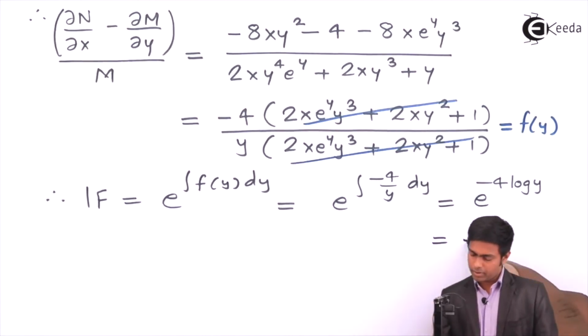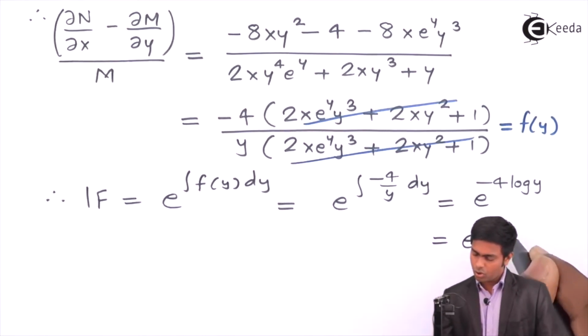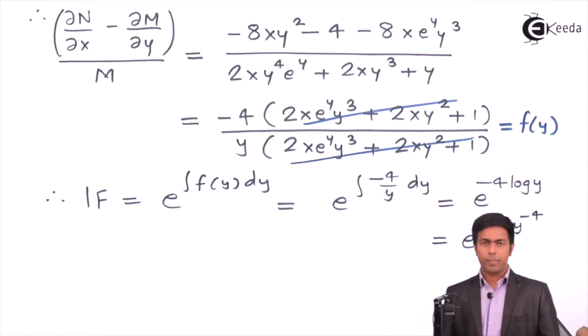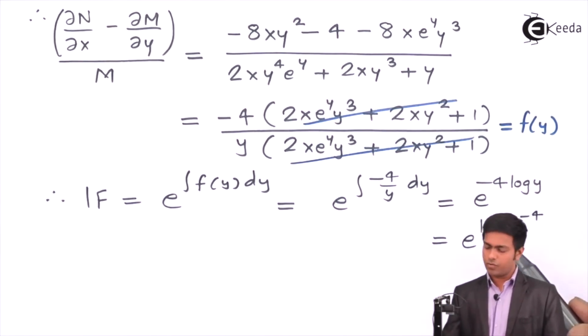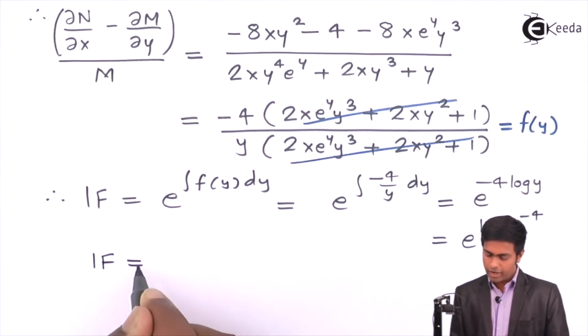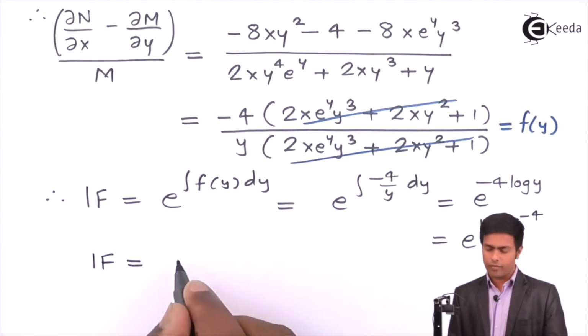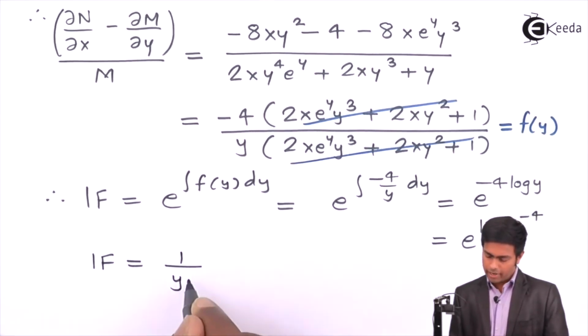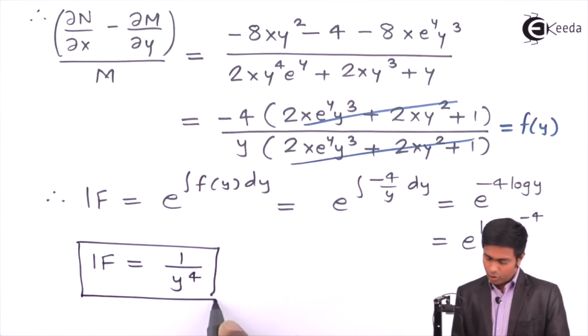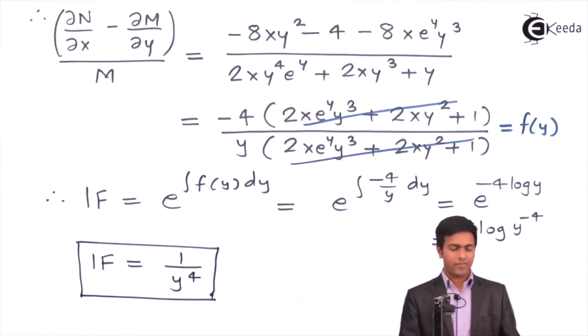So this becomes e raised to log of y raised to minus 4, and by the property, e and log cancel, so we get y raised to minus 4. So the integrating factor is y^-4, or 1 upon y raised to positive 4. So here we got the value of the integrating factor.